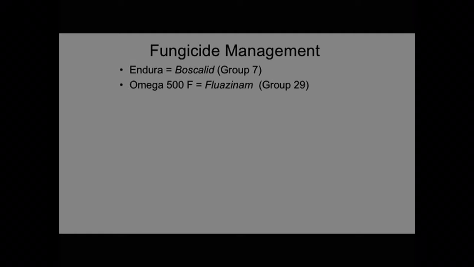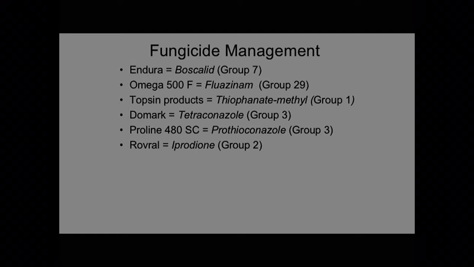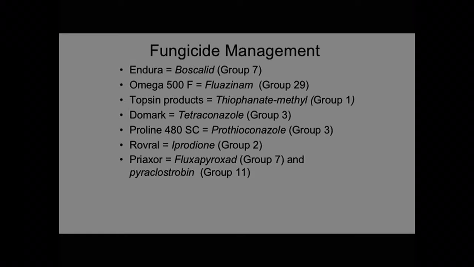So Endura, which is boscalid, Omega, fluazinam, Topsin, all of these that are listed here are different products that have shown some efficacy from very good, such as Endura and Omega and Proline on lentil, for example, with some work done by Michael Wunsch in North Dakota State. And so there are products available. They do not completely prevent infection, but they can go a long ways to managing the problem.